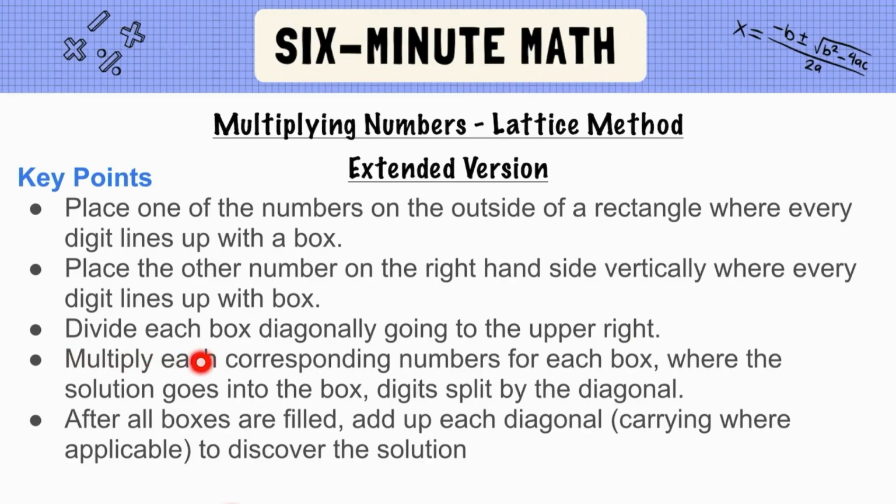And then we're going to multiply each of the corresponding numbers for each box. The solution is going to go into that box, and we're going to split our digits by the diagonal. After we fill our boxes, we're going to add up each of the diagonals, carrying where applicable, to discover the solution.